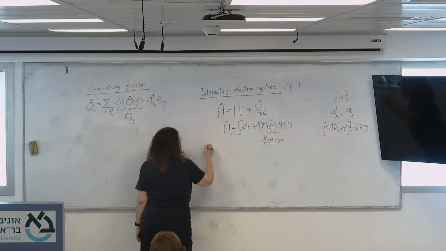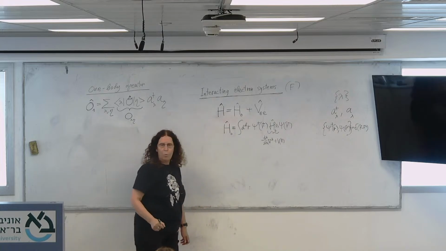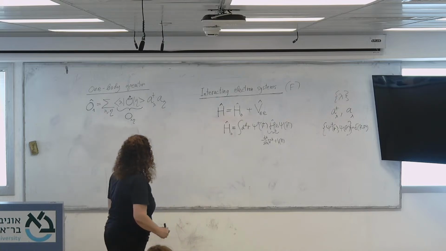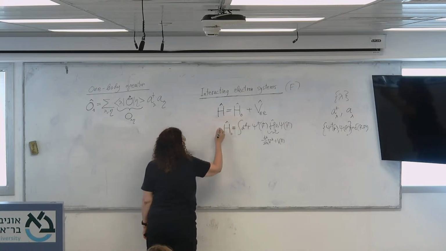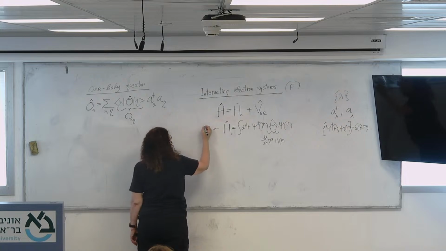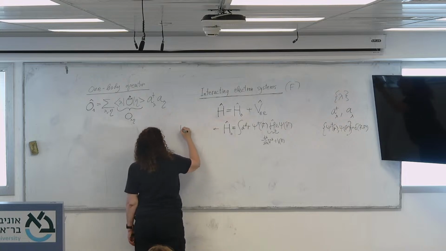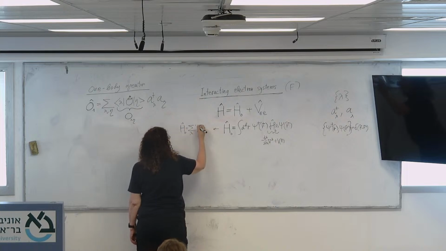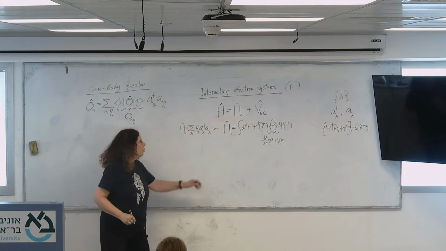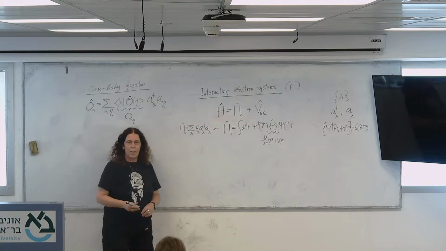If I find the basis in which the Hamiltonian is diagonal, I'm talking now about the non-interacting, single particle Hamiltonian, there is always a basis lambda where I can write it as a sum over lambda of epsilon lambda a lambda dagger a lambda. Okay, and this would be a basis in which it is diagonal.